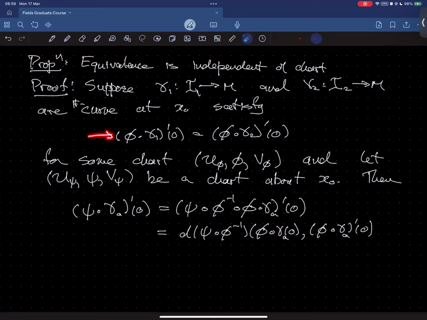these are equal for A equals 1 and 2, then these ones are also equal for A equals 1 and 2. Okay, and why is that true? That's true because this thing is a diffeomorphism.